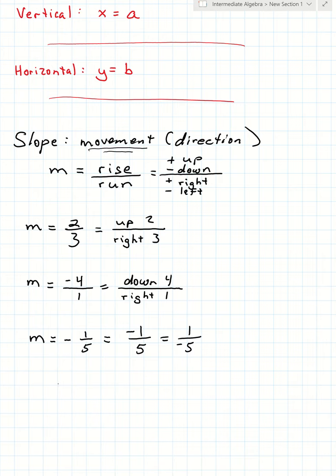Many times when students see a -1/5, they make both the 1 and the 5 negative, and that is incorrect. Because if we were to type these first three numbers into our calculator, we would get a negative decimal, a -0.2.